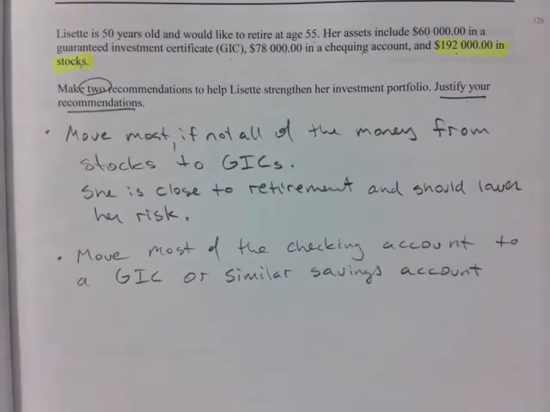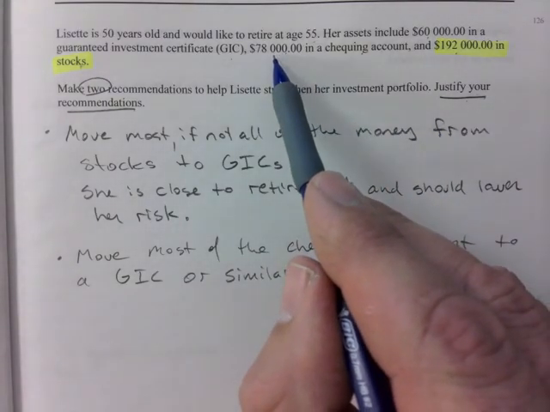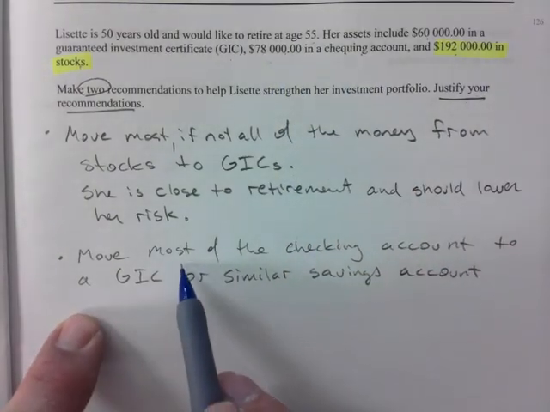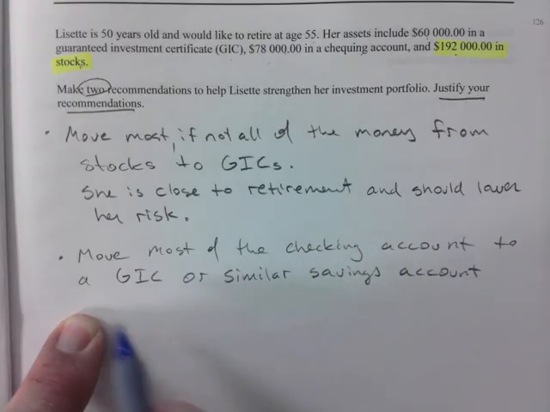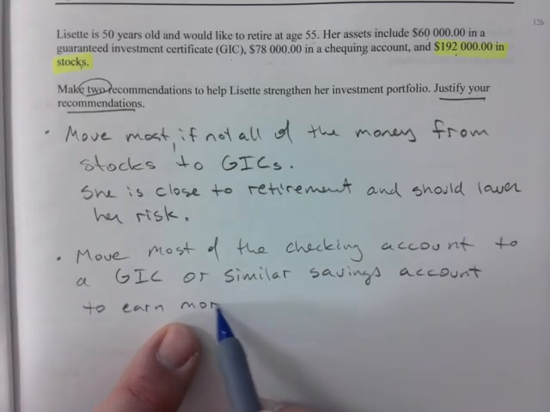A checking account is just a checking account. So she's got what, $78,000 in something that isn't earning a lot of interest. So I would say move most of the checking account to a GIC or similar savings account to earn more interest.